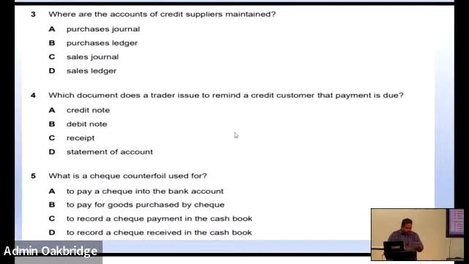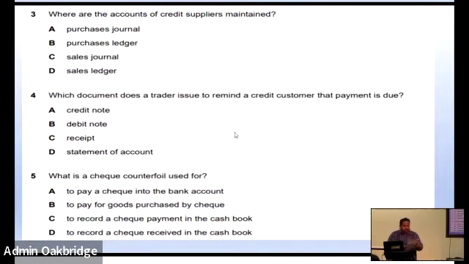Number 5: what is a cheque counterfoil used for? When you've already issued the cheque, there is a small piece left in the chequebook. To pay a cheque into the bank, definitely not. To pay for goods purchased by cheque, no, because you're using the cheque to pay for purchases.